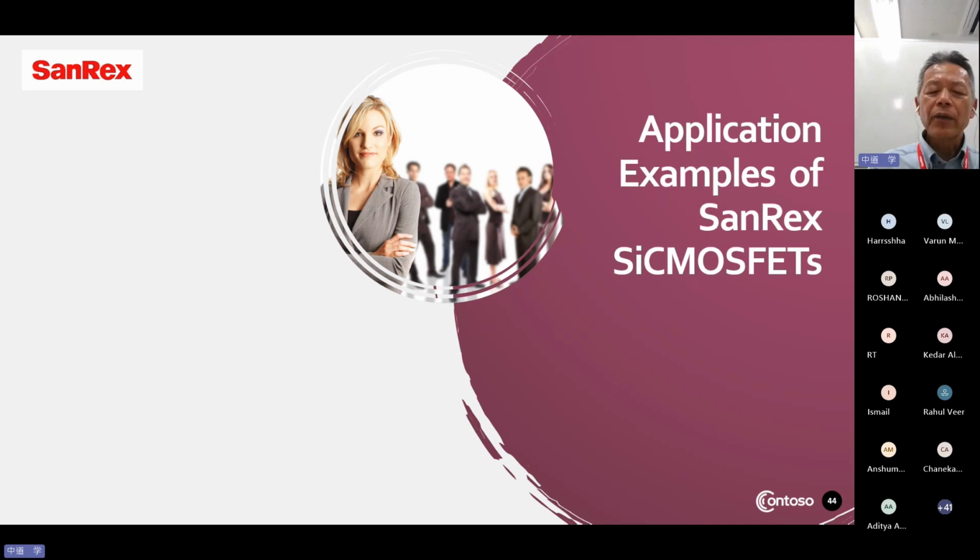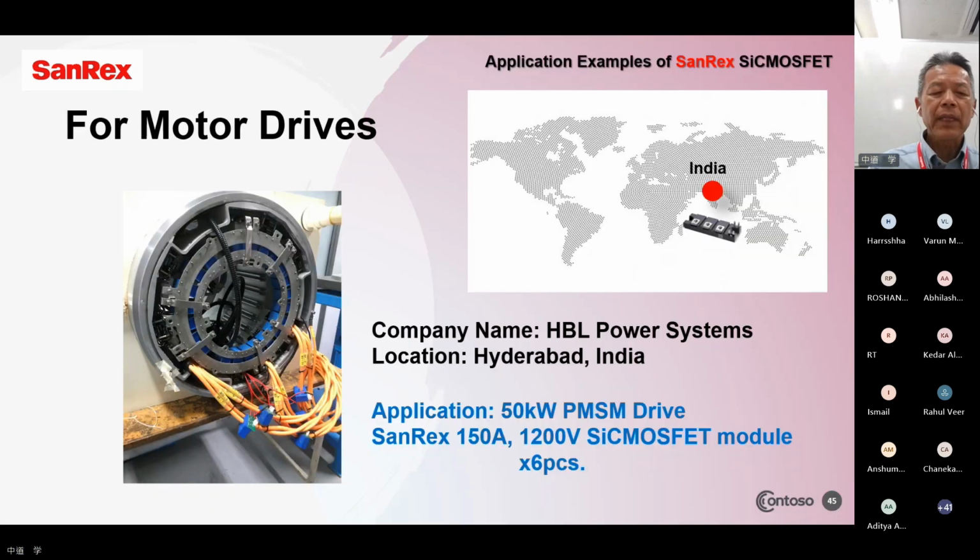From now, let me tell you application examples of SanRex silicon carbide MOSFET. First, motor drive. Customer located in India. Our customer name is HBL Power System. They are located in Hyderabad, India. This is the picture of the product.